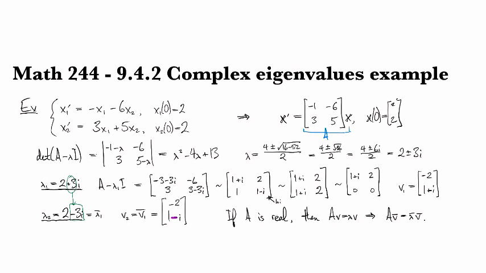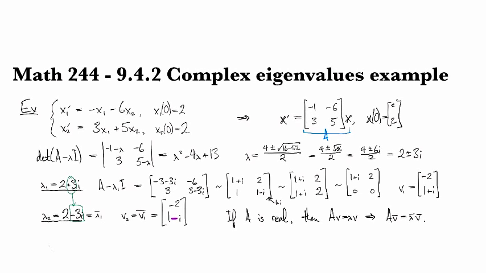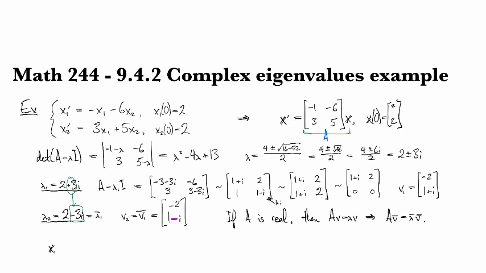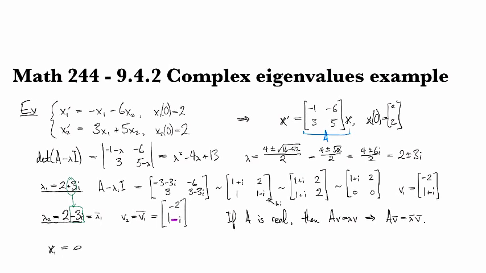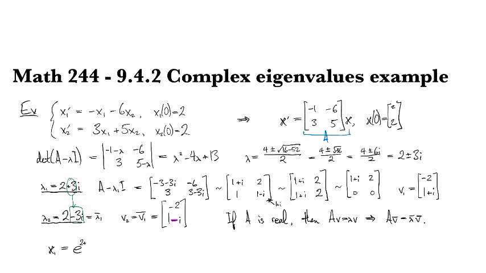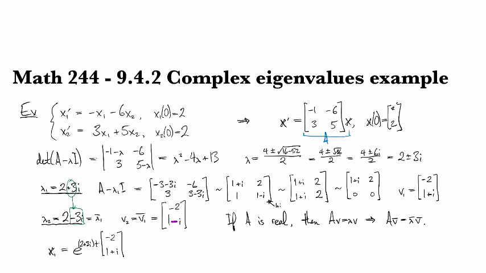So, okay, where does that put us? All right, so if we look for our first solution, then we're going to have e to the (2 plus 3i)t times the vector minus 2, 1 plus i.